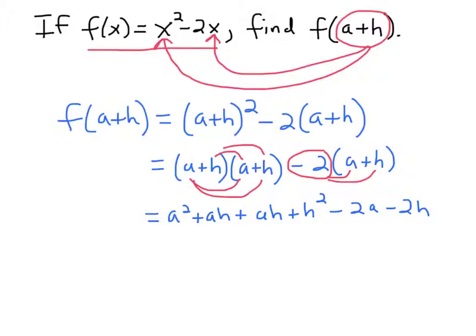And then we want to look for any like terms. So we have an ah and another ah. And that looks to be about all the like terms we have. So we'll have a squared plus 2ah plus h squared minus 2a minus 2h.